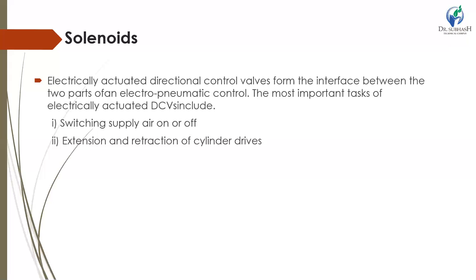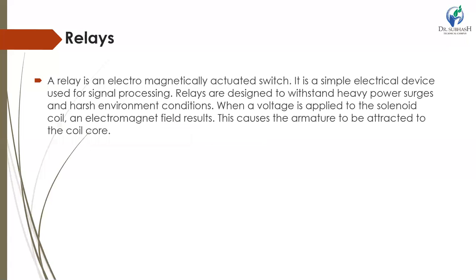After solenoids, now there are relays. A relay is an electromagnetically actuated switch. It is a simple electrical device used for signal processing, and relays are designed to withstand heavy power surges and environmental conditions.